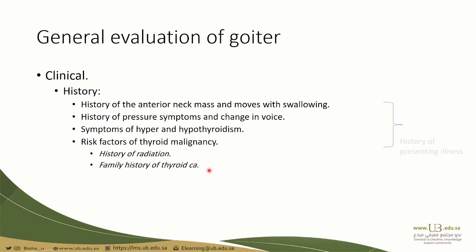We prefer to see this in the history of presenting illness of the patient. And here from the history, you get all of the aims of evaluating a patient with a goiter. And usually, as mentioned in the clinical skills, 85% of diagnosis will be very clear from the history of the patient.